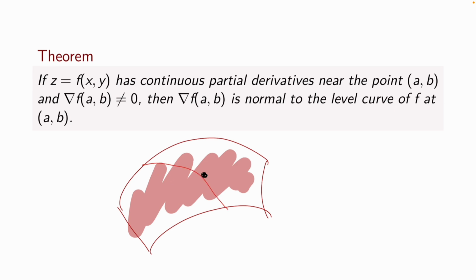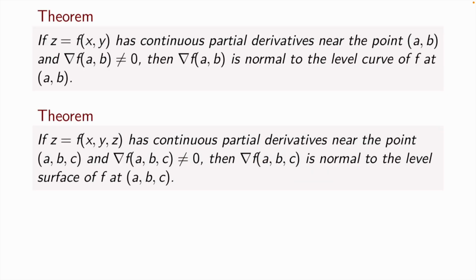So the direction that is perpendicular to this level curve is going to be the direction of the gradient. I mean, the direction in which this function is growing the fastest. And extended to three dimensions, if the function has 3 variables, the gradient is going to be also perpendicular, normal, to the level surface of the function at the point.